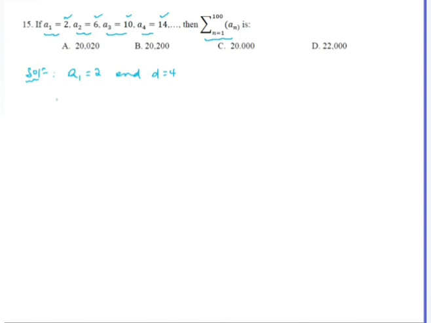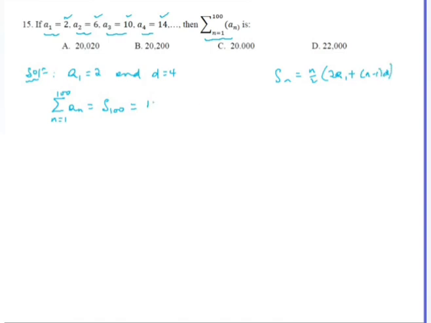So we are asked to calculate the partial sum of the first 100 terms. I prefer to use this S notation. So the sum of the first 100 terms means using the formula Sn = n/2 × (2 × A1 + (n − 1) × d).